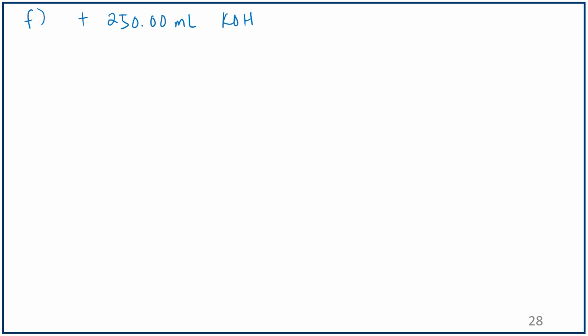Let's start again with an ICF table in which we're considering the reaction of acetic acid, CH3COOH, with hydroxide from KOH that will produce acetate ions plus H2O.